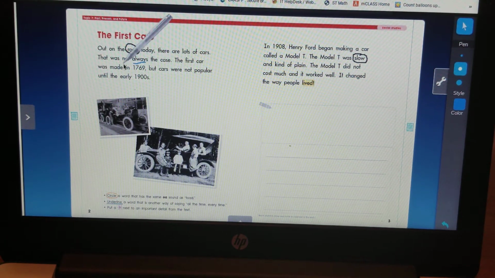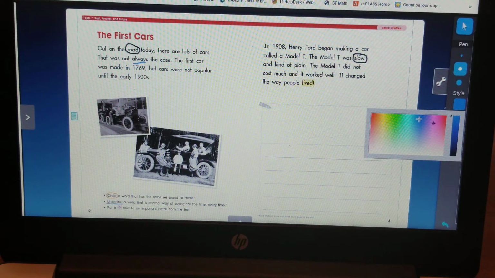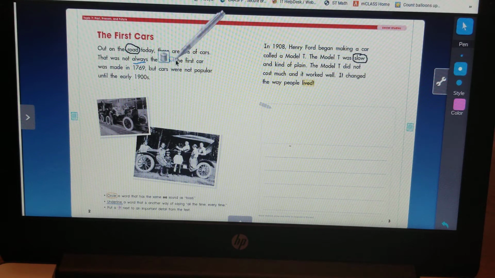The first car was made in 1769, but cars were not popular until the early 1900s. Okay, let's do this. I'm going to change the color. Let's put our star here because that's the beginning of the sentence, and that's the one we're going to mark. Okay.